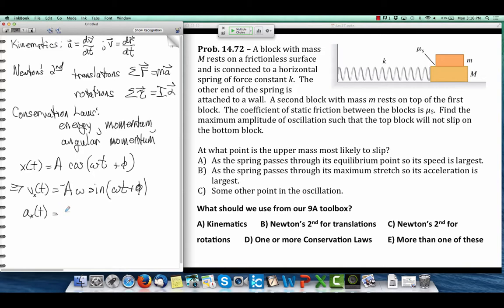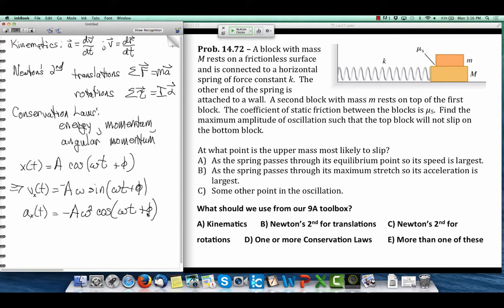No, that would be positive. I mean, no, that's still negative. A omega squared, back to the cosine, right? In other words, A sub X looks just like X, except it's negative. So when X is big and positive, A sub X is big and negative.